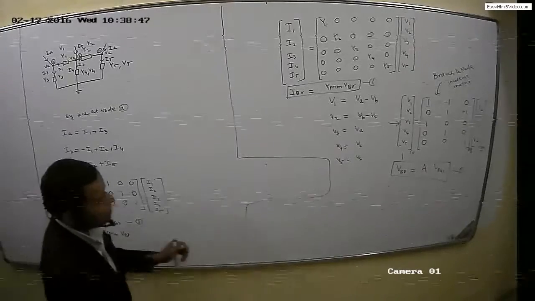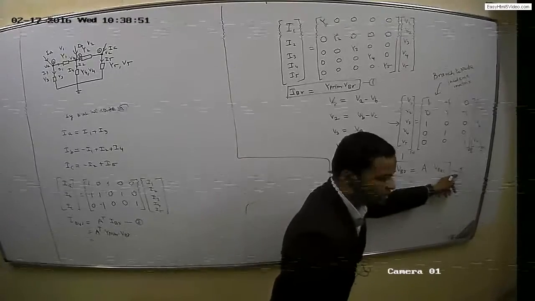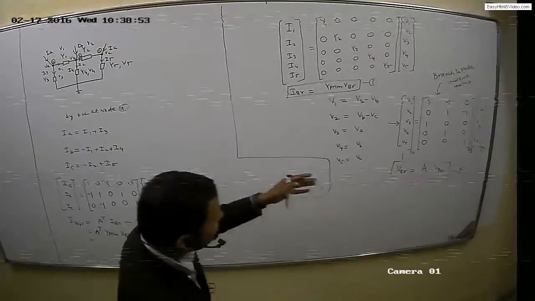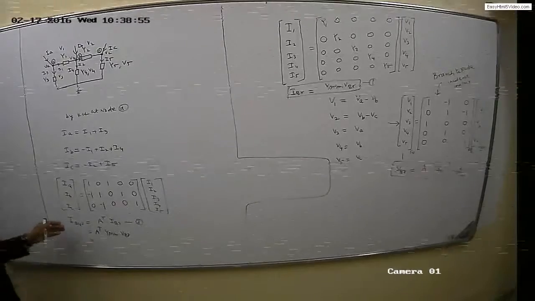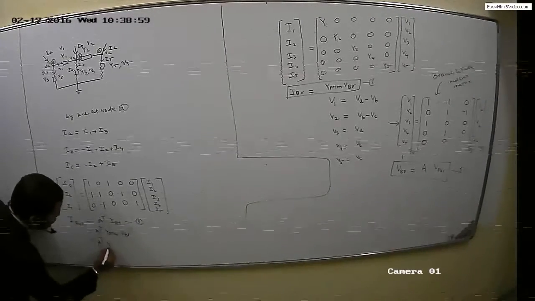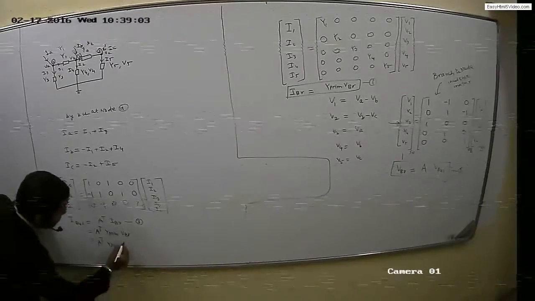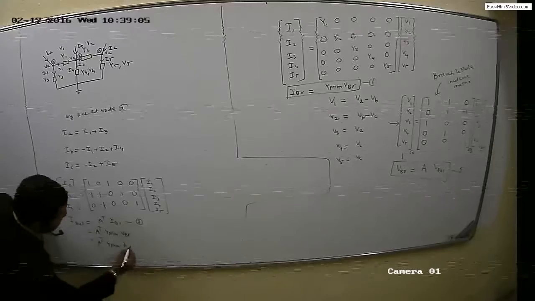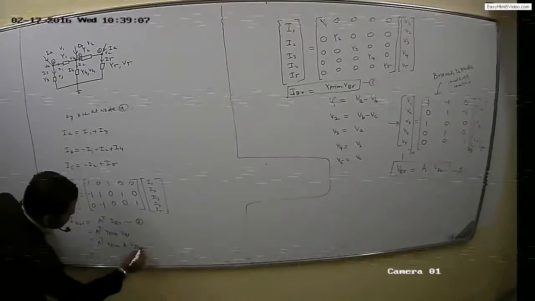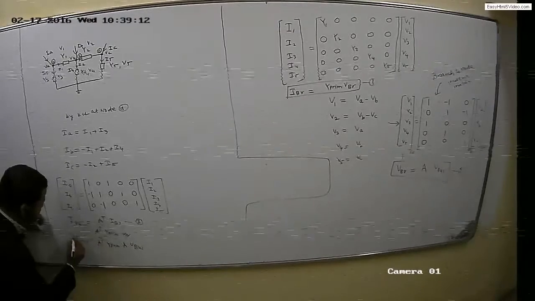Again, as we have calculated V branch in terms of V bus, can I use this equation number 2 and put the value of V branch in equation number 3? Yes. So this will become A transpose Y prime into A into V bus. This is nothing but the expression for I bus.